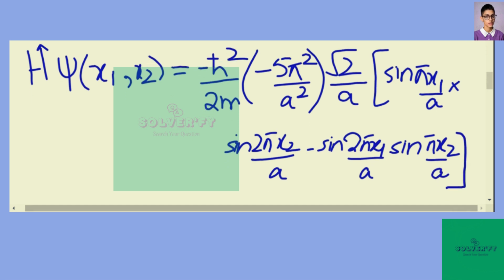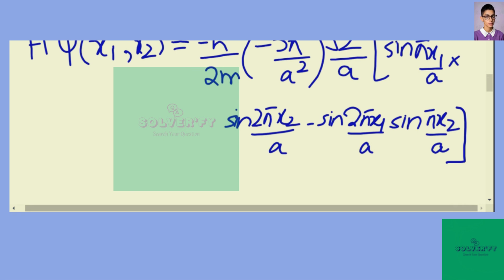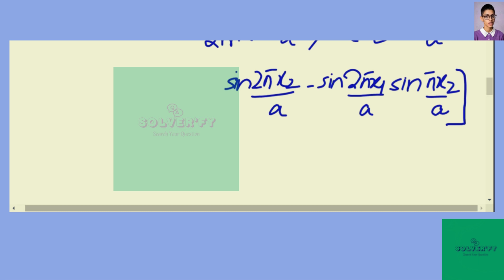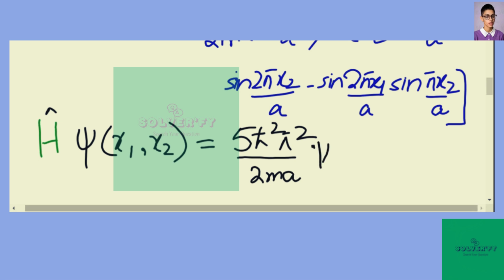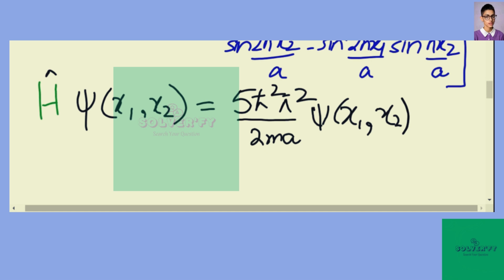The next step is to simplify it. When we simplify it, we'll get a very simplified form of this equation: the Hamiltonian of the wave function x1 x2 is equal to 5 times h cross squared times pi squared divided by 2ma squared, into the wave function of x1 and x2.